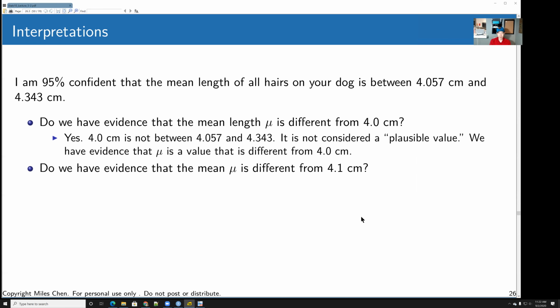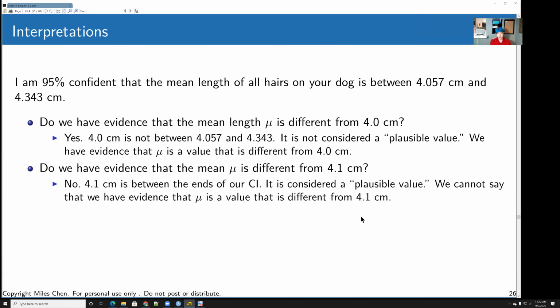Do we have evidence that mu is different from 4.1? The answer here is no, because 4.1 is inside of my interval. This is considered a plausible value, and we do not have evidence that mu is different from 4.1.